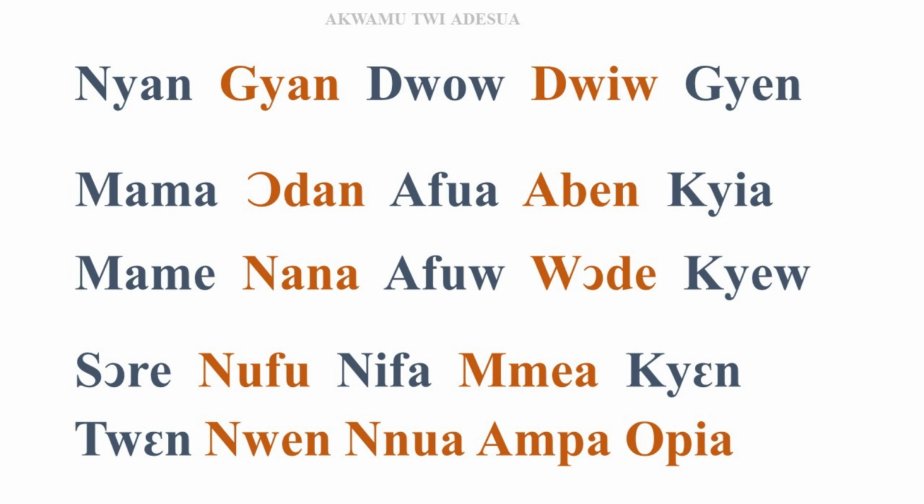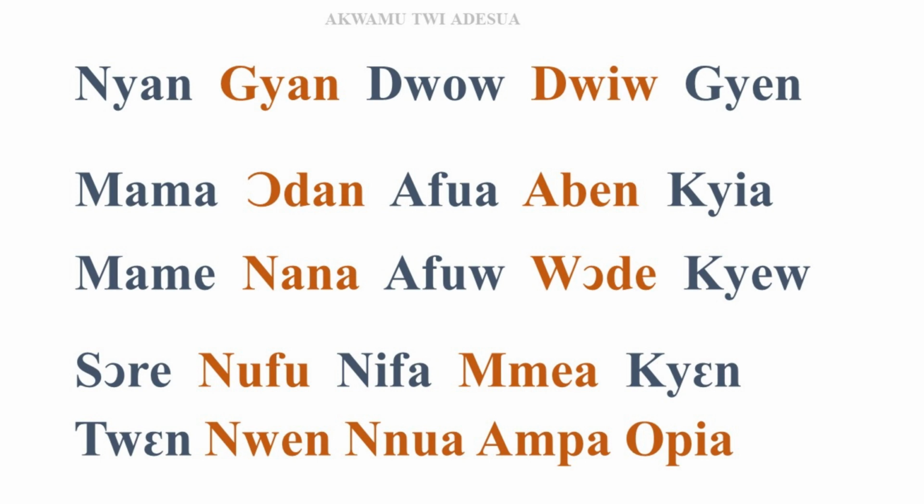Then the D and then the W, I and W, which is the D, W, E and W, will give us Jew. Then G, Y, E and N, will give us Jing.